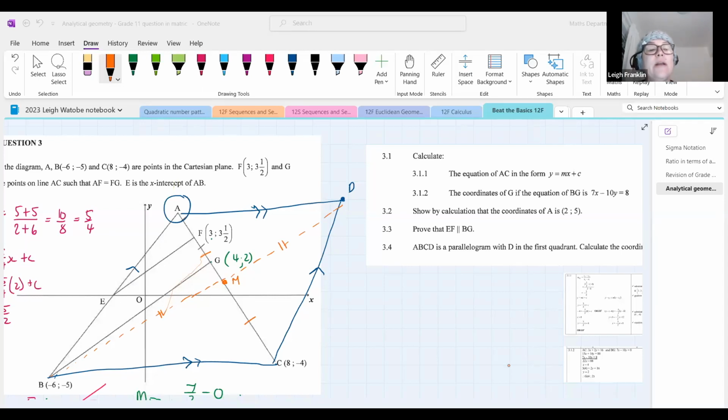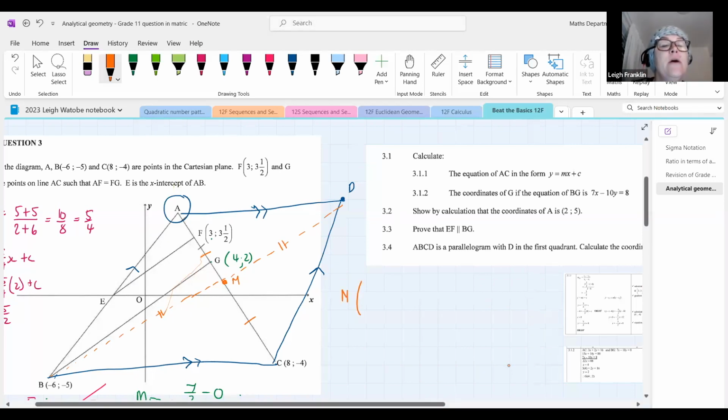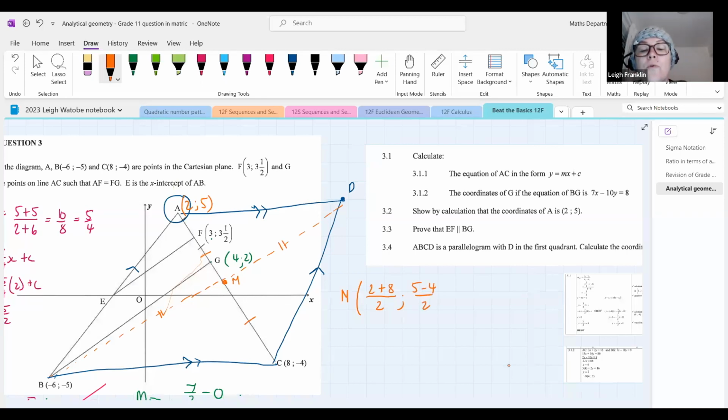If we want to calculate the coordinates of M, the midpoint of AC, remember here, this was 2 and 5. So we could say 2 plus 8 over 2 and 5 minus 4 over 2. So the coordinates at M would be 5 and 1 over 2.